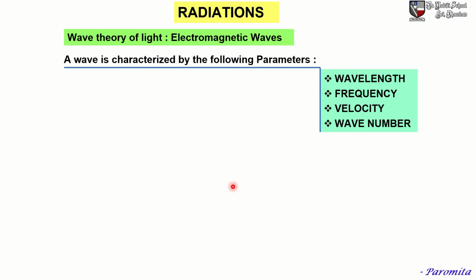Some examples of electromagnetic radiations are gamma rays, X-rays, UV rays, visible light, infrared radiation, microwaves, etc. And all these waves propagate in the form of electromagnetic waves. Now, a wave is characterized by the following parameters: wavelength, frequency, velocity, and wave number.